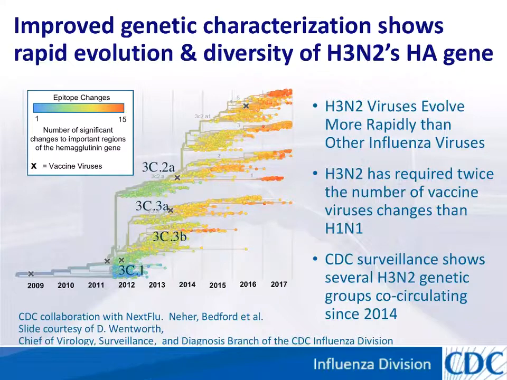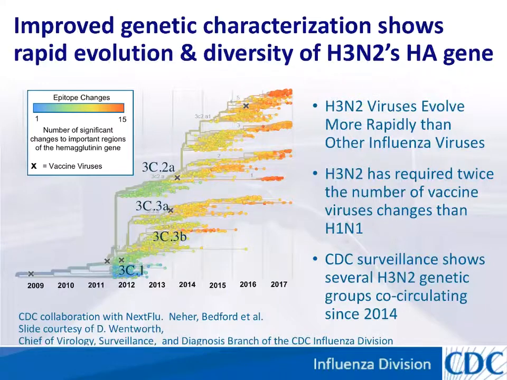And each dot represents a different virus, and you can see within like the last 5 years or a little more that there's been actually a lot of divergence that's been occurring. And the CDC's studies have said that the H3N2 viruses actually evolve more rapidly than the other influenza viruses. And so they have needed to change the H3N2 component of the vaccine much more often than they have had to do it for H1 or Flu B even.